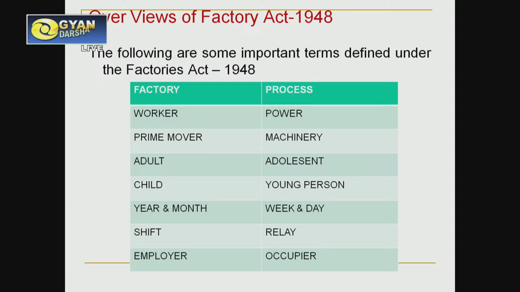These are the important terms mainly used in the Factory Act 1948. So we should always remember these important terms, which will help us go through the Factory Act 1948.